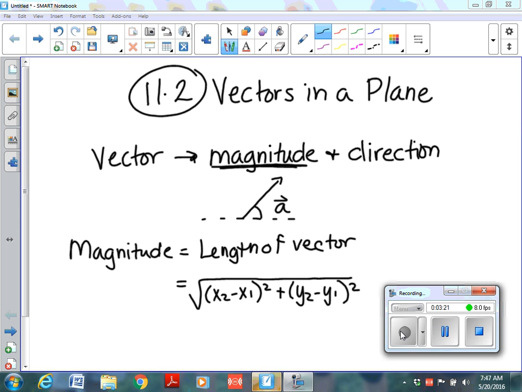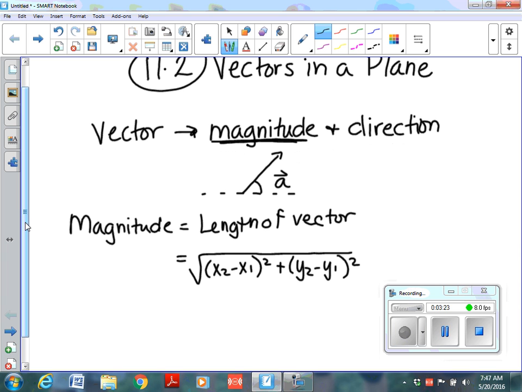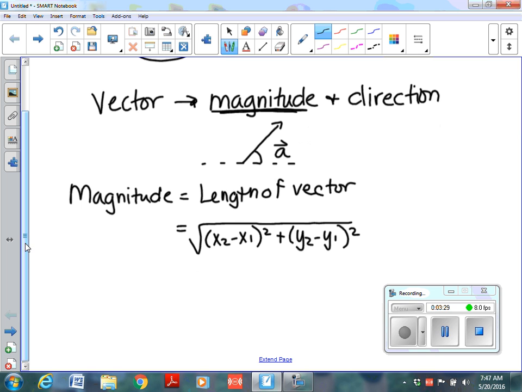To name a vector, I'll explain the direction in a little bit, you name the vector by its component form, and we're going to talk about components.